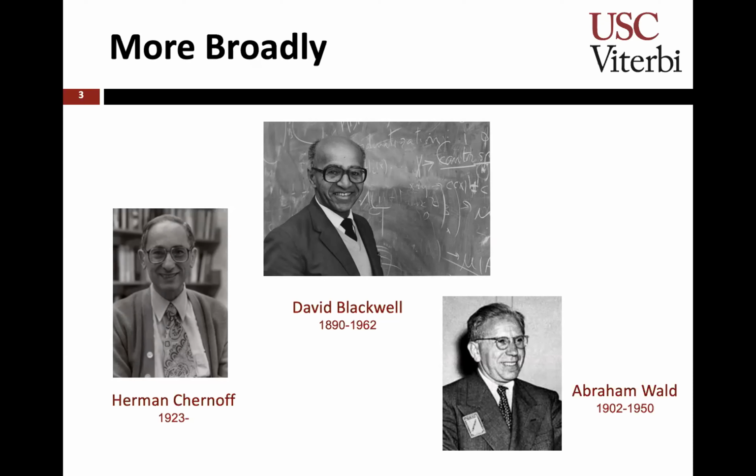And one of my favorites here is David Blackwell, who was a faculty member of statistics at Berkeley. He did not write a lot of papers, but for those of you who are in systems theory, I would highly encourage you to read them, because every paper he wrote was truly a gem. And his work had a profound impact on estimation, and especially in this area here, experiment design.